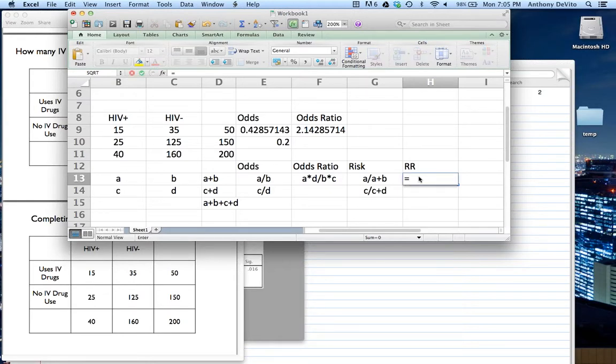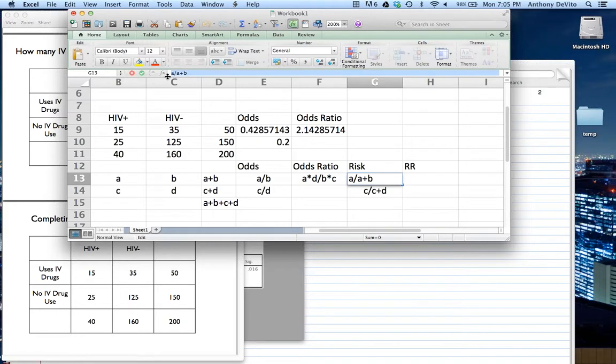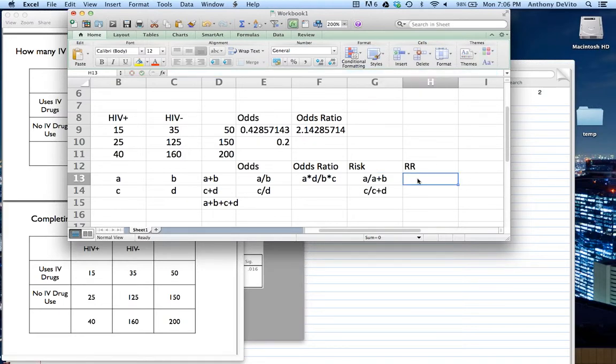And my relative risk is going to be equal to all of this over. Oh, I erased it. Well, you know it's going to be A over A plus B. Let me go ahead and do this so you can get a chance to see it.